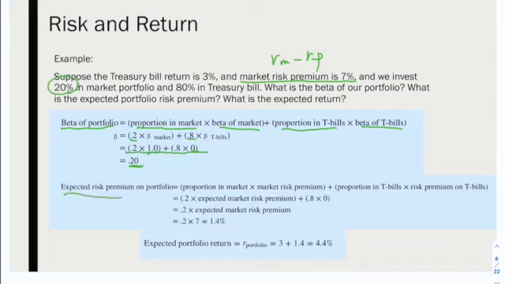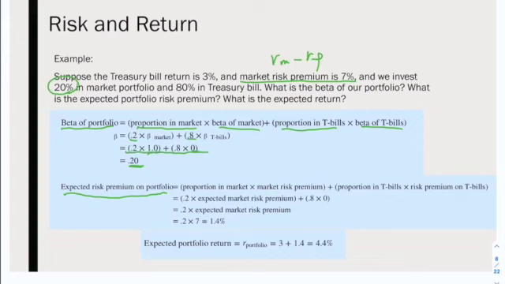Expected risk premium of the portfolio. The expected risk premium of the portfolio can be calculated as the weighted average of the risk premiums of the two assets. Similarly, the return of the portfolio can be calculated as a weighted average of the returns. Only standard deviation cannot be calculated as the weighted average because of diversification.